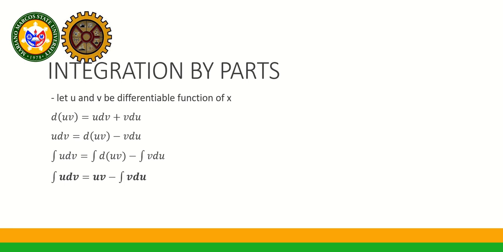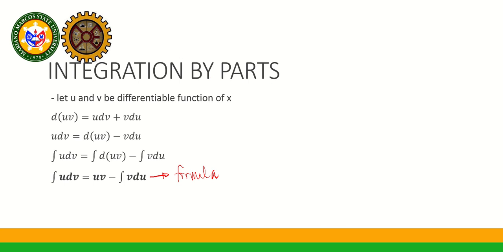Then the integral of u dv is equal to the integral of the derivative of uv minus the integral of v du. So that our integral of u dv is equal to uv minus the integral of v du. So this is the formula to follow when applying integration by parts.